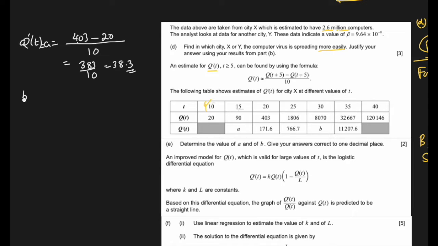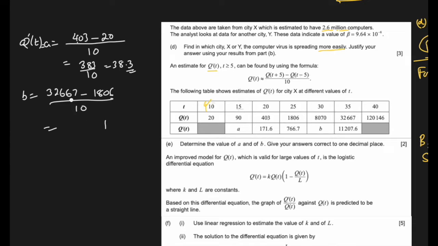Okay, for B, we'll do the same thing. So Q(t+5), that means 32,667 minus, for B, t is 30, so t minus 5 will be 25, Q(t-5) is 1806.